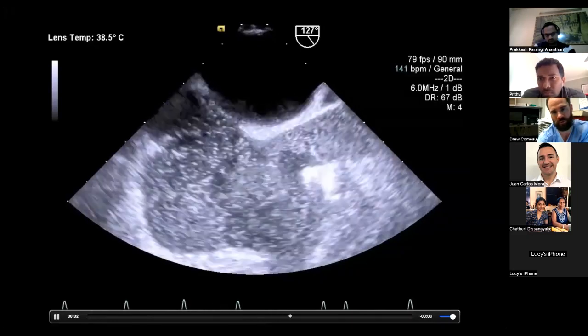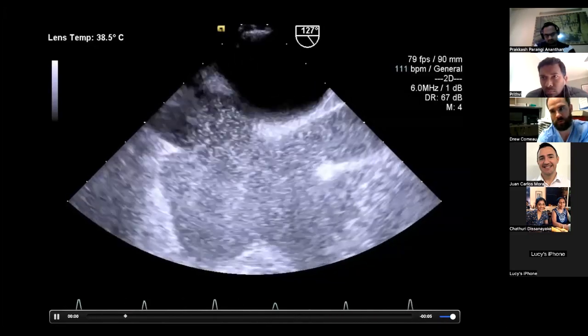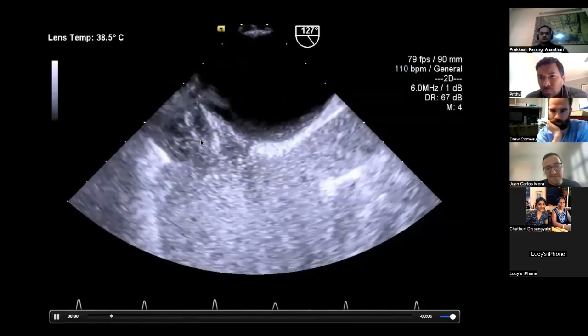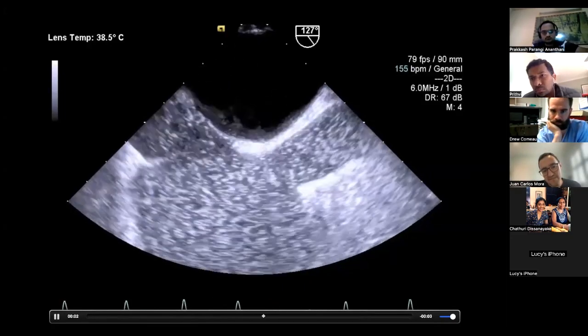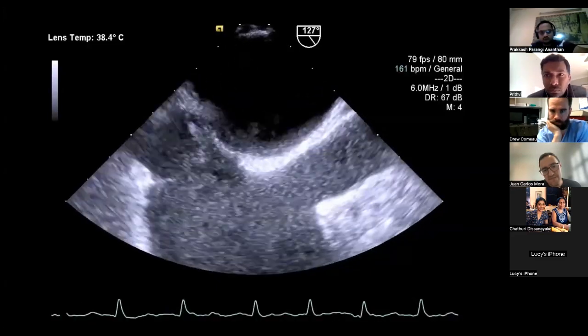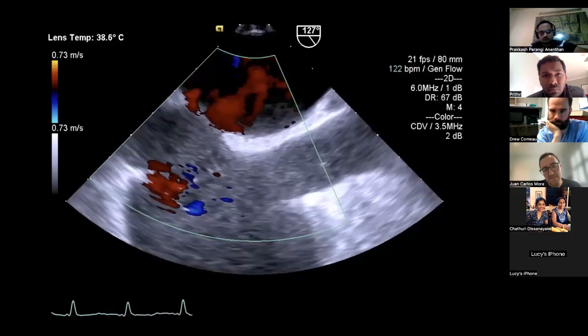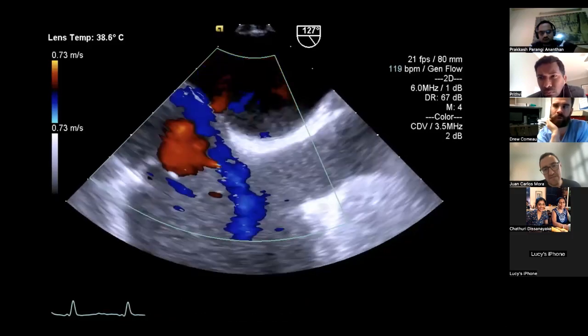I use this as an example of how difficult it is to pick up negative contrast, but this is what one looks like. They're not easy, and that's where you've got to use your color as well as your 2D appearance, as well as the bubble studies, obviously, and we'll go from there.